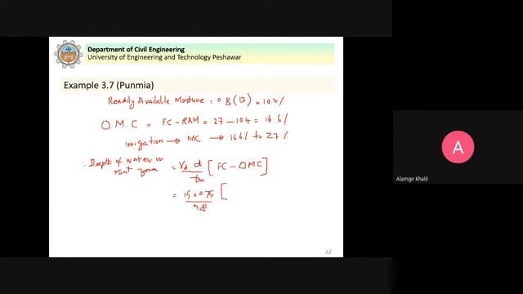The field capacity is 27%, so this will be equal to 0.27 minus the optimum moisture content. So this is 16.6 divided by 100, so this will be equal to 0.166.